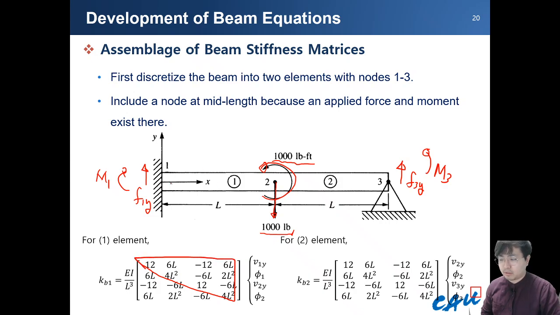The first element connects the first node and second node, so each node has 2 degrees of freedom. The first degree of freedom is for the displacement in the y direction, and the second is the rotational angle. Each node point has 2 degrees of freedom, so we have a total 4x1 displacement vector. In the second element, we also have a 4x1 displacement field, and the same Lucas-Stevens matrix for the beam structure.